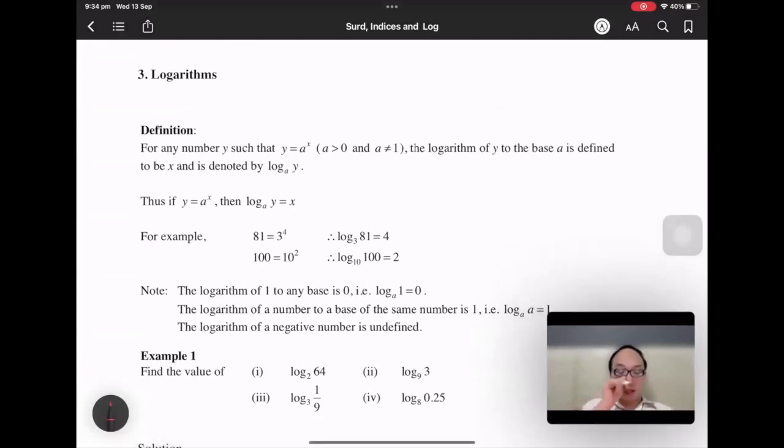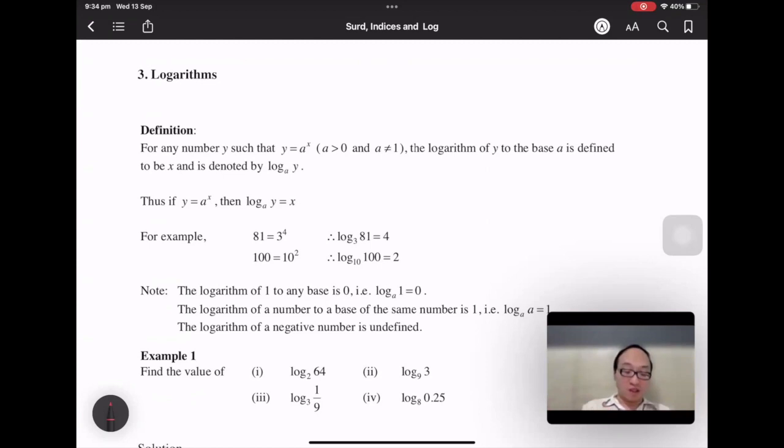And now we move to the logarithms, the last topic in this discussion. Logarithm is the anti of exponential or power, so this is the inverse of the power.